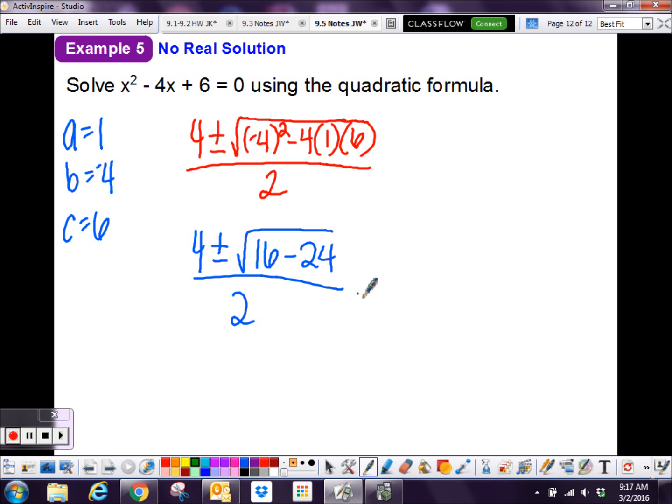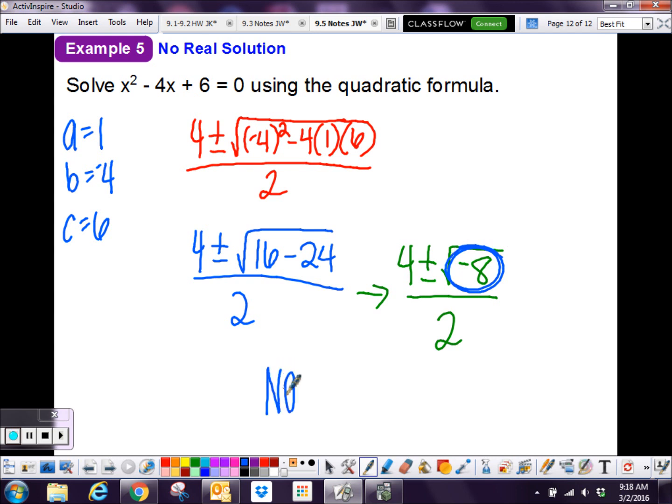Now if we simplify this stuff underneath the radical, we have 4 plus or minus the square root of 16 minus 24, which is negative 8, over 2. If you type this in your calculator, it again will give you an error, because look at this. Negative 8 under the radical, you cannot take the square root of a negative. Therefore, this would be no solution.